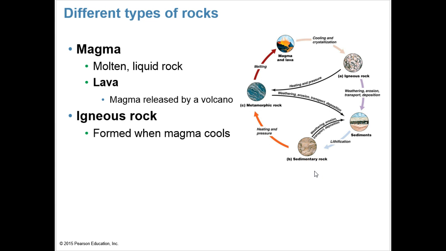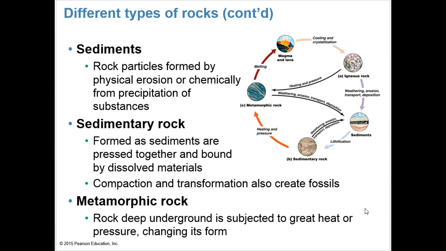There's different types of rock. A magma is molten liquid rock, and lava is magma, which is released by a volcano. When the magma cools, that's called igneous rock. Sediments are rock particles formed by physical erosion or chemically from precipitation of substances.